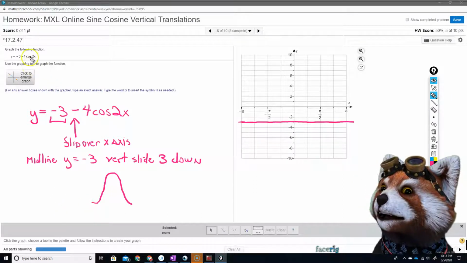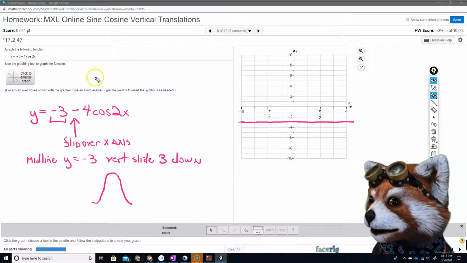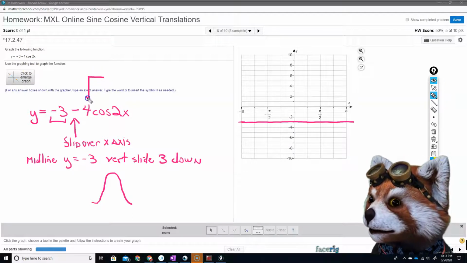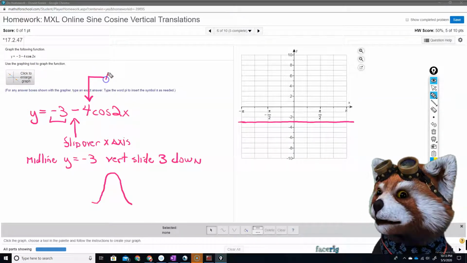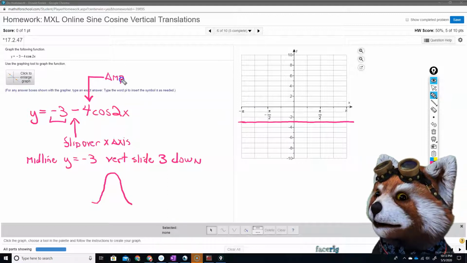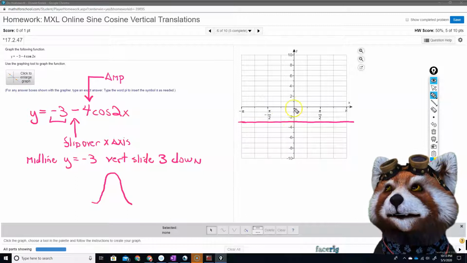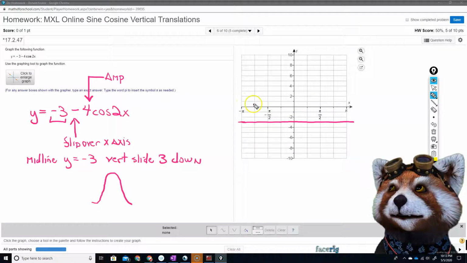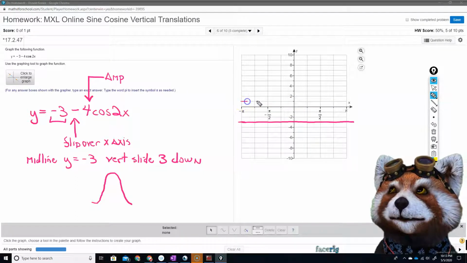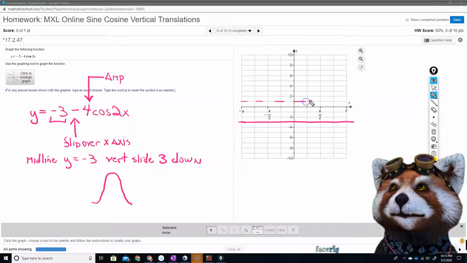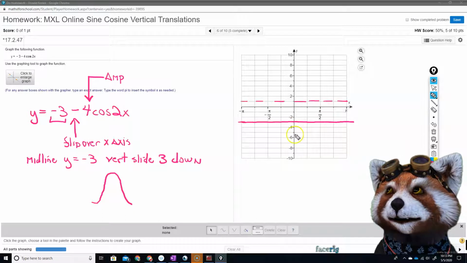All right, and now the amplitude is 4. So the high point is going to be 4 above this. Four below it.